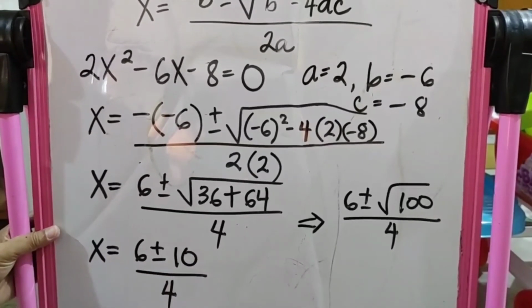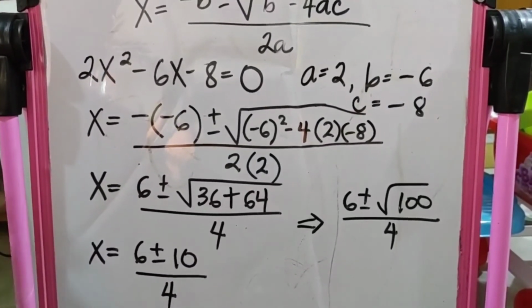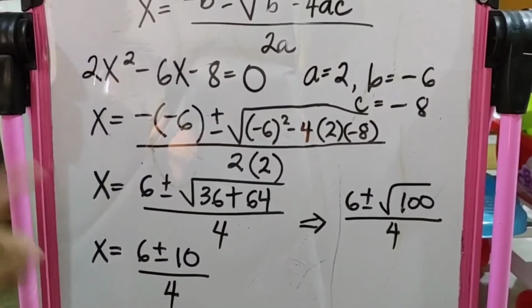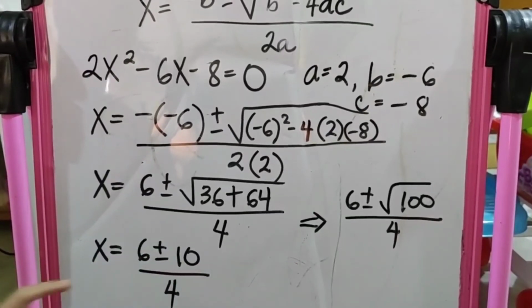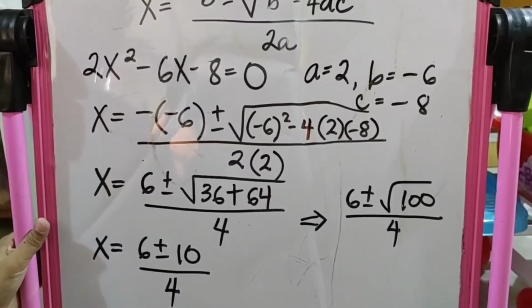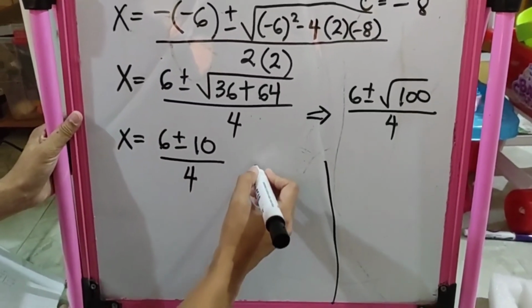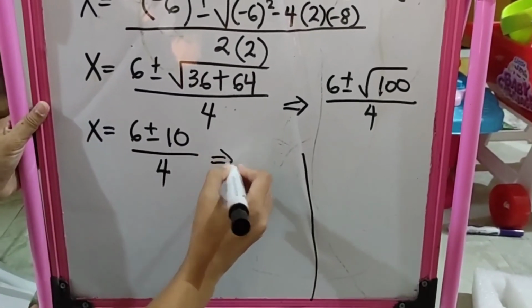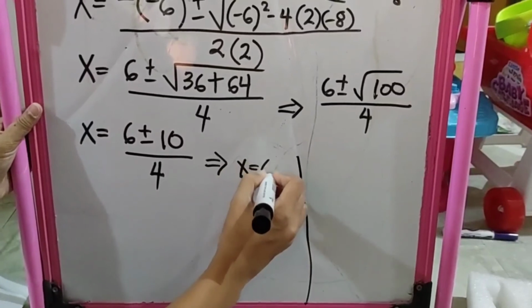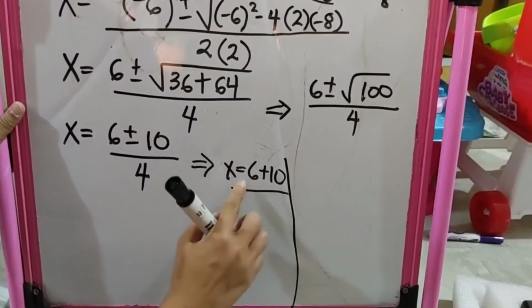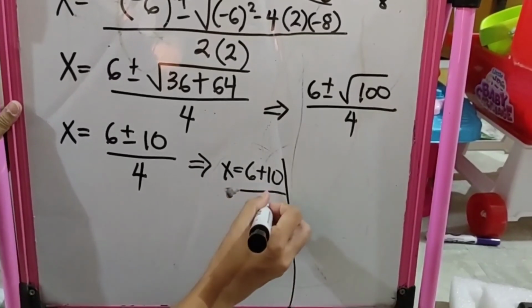Let's continue simplifying. So, we will have 6 plus or minus the square root of 100 is 10 all over 4. And then, let us continue solving for x. So, we'll have two different answers because one is plus 10 and the other one is negative 10. So, let us divide this into 2. So, we have x equals 6 plus 10 divided by 4.